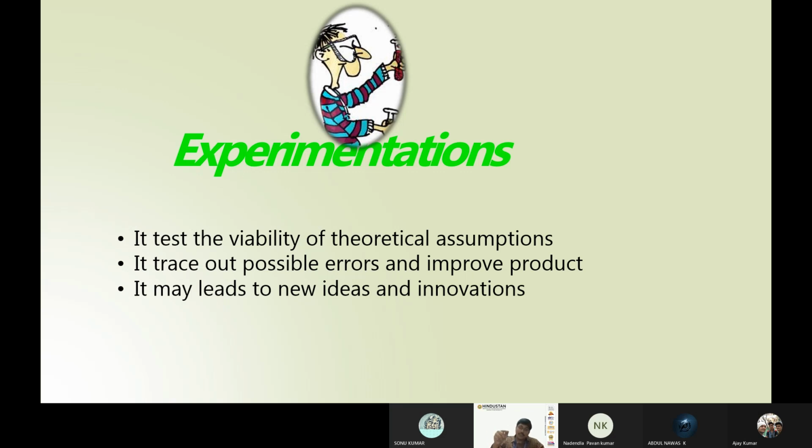So at which proportion is it giving the maximum strength? How can we observe? We can observe only through experimentation, right? And similarly, experimentation leads to various new ideas and also new innovations, right?